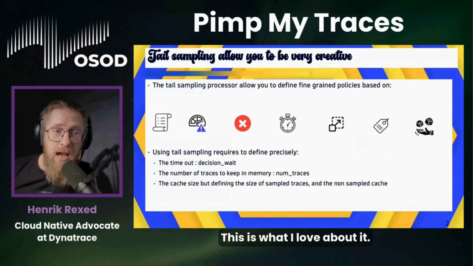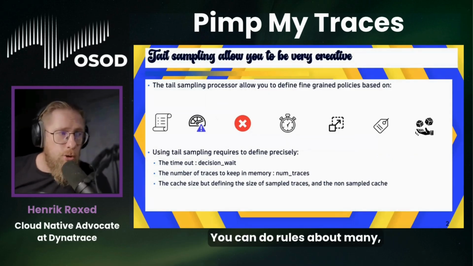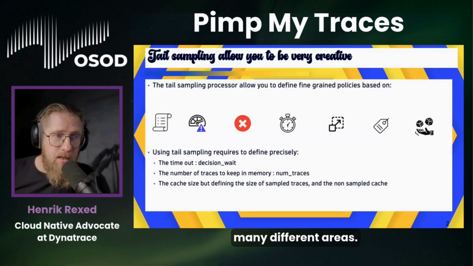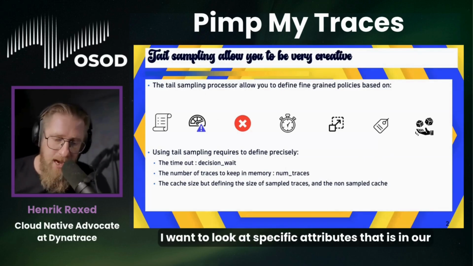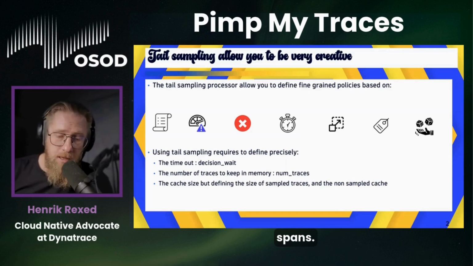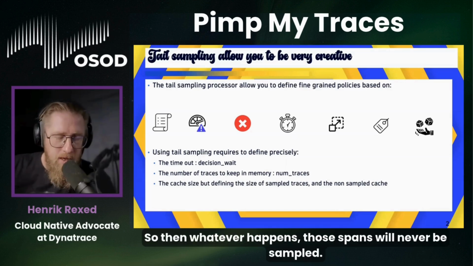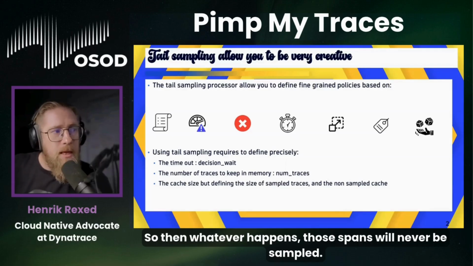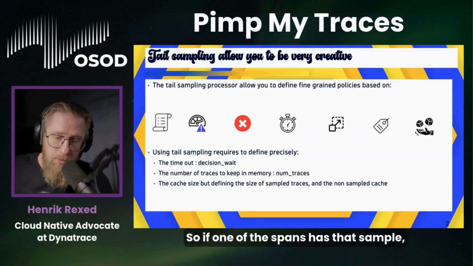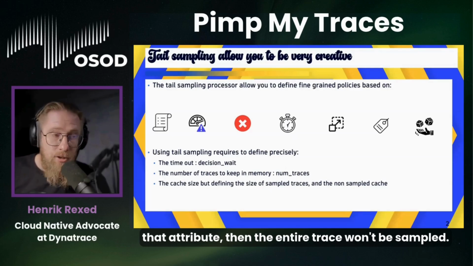And this is what I love about it. You can do rules about many different areas. I want to look at specific attributes that are in our spans. Let's say we put an attribute on spans saying don't sample, so then whatever happens, those spans will never be sampled. So if one of the spans has that attribute, then the entire end-to-end trace won't be sampled.